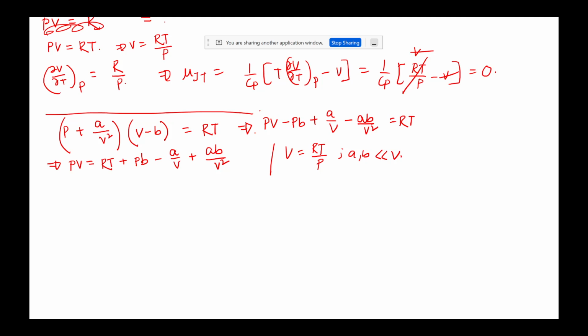Say you are talking about a 22.2 liter volume compared with 0.0001 liter, so you can neglect that.